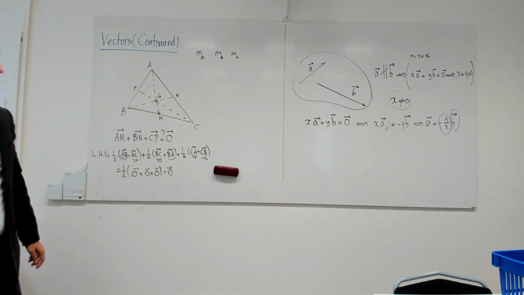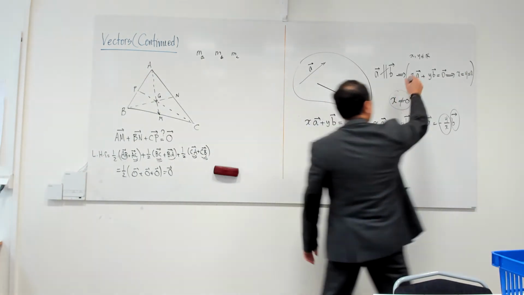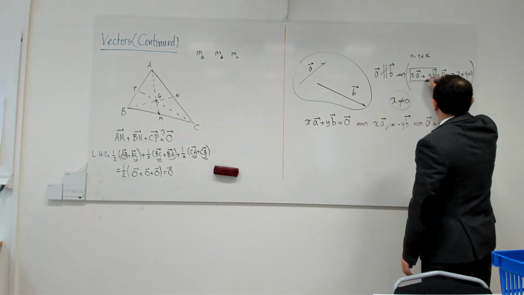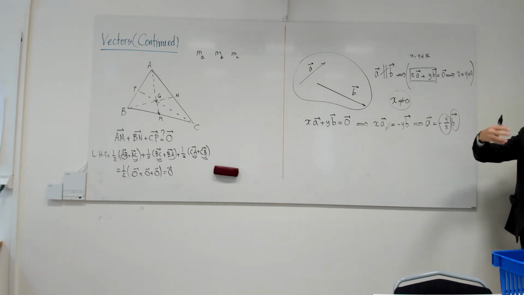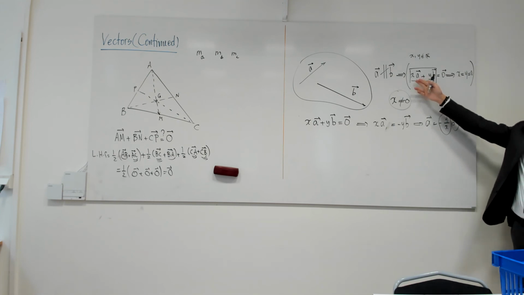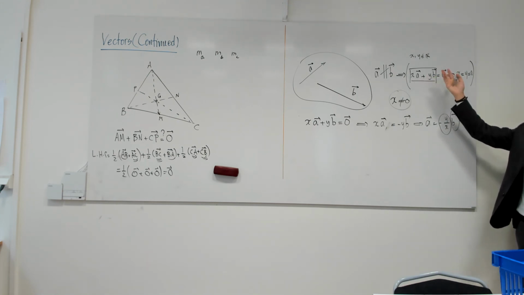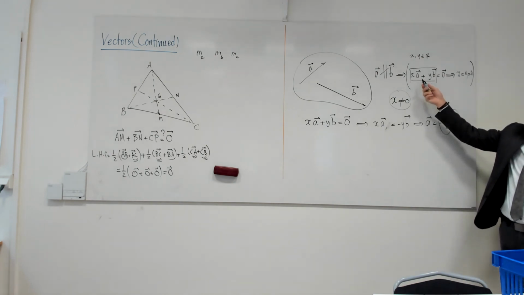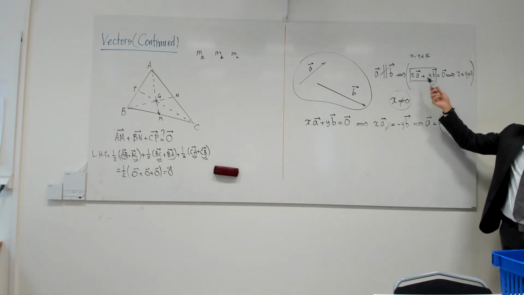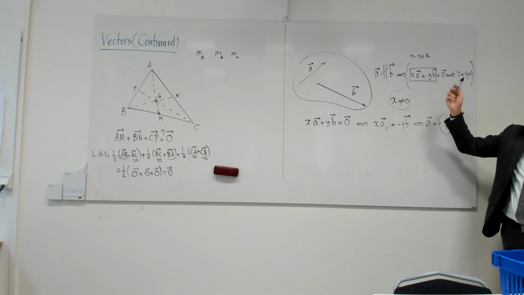Do you remember what was the name of this kind of combination in linear algebra? There was a name for this. You multiply a vector by a number, multiply another vector by another number, and then add the result. That would be called a linear combination of vectors a and b.